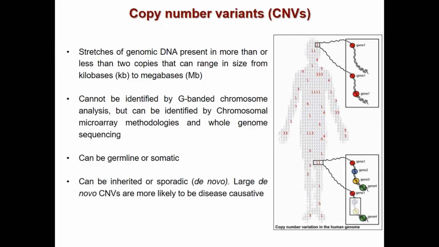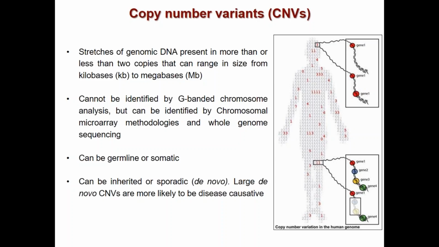They cannot be identified by more conventional cytogenetic techniques like karyotyping, because karyotyping has a resolution of approximately 5 megabases. It cannot see anything less than 5 megabases. So they can only be detected by chromosomal microarray technologies, which we will discuss in the second half of this lecture, and nowadays with whole genome sequencing.